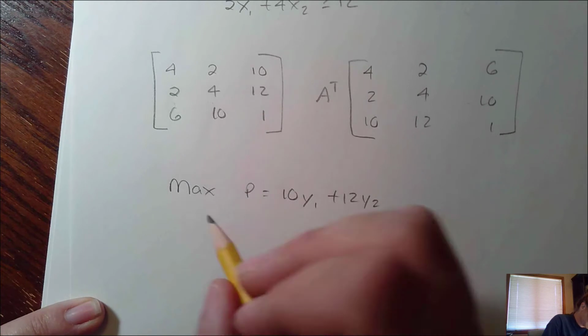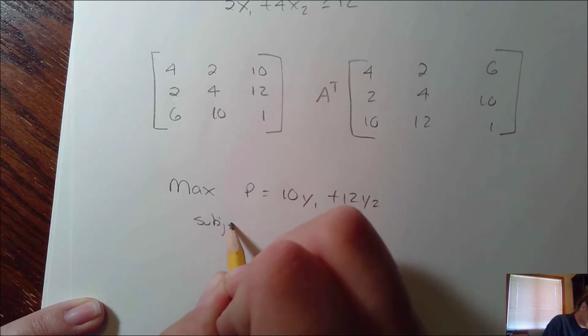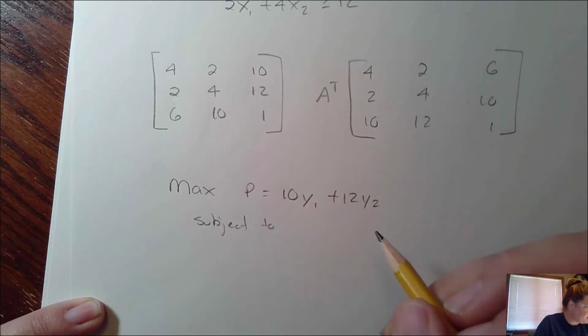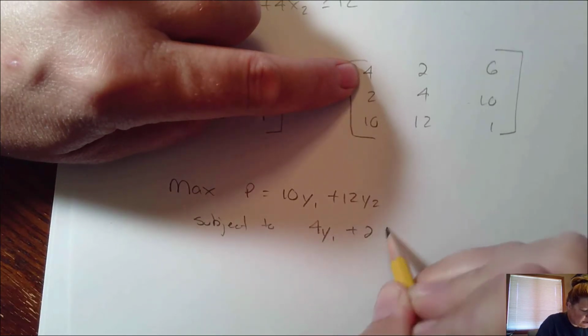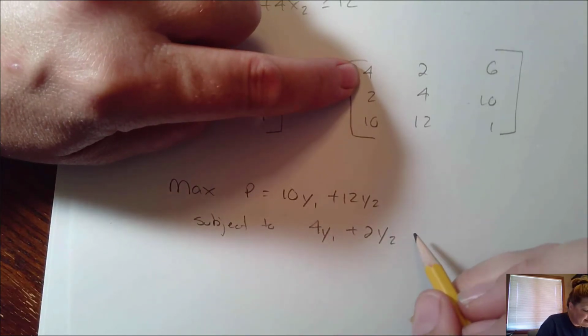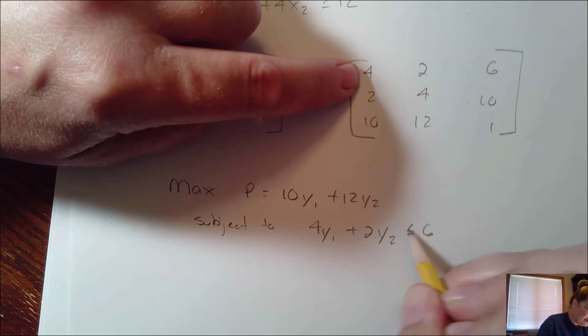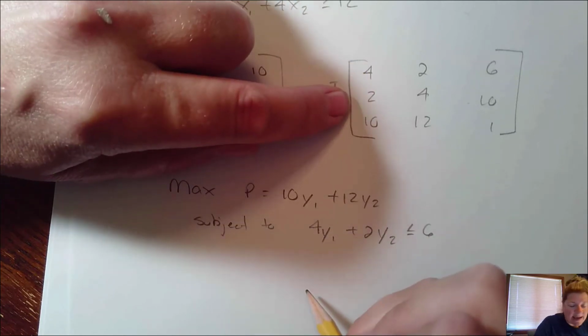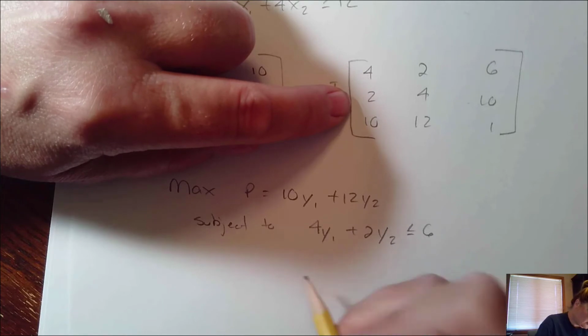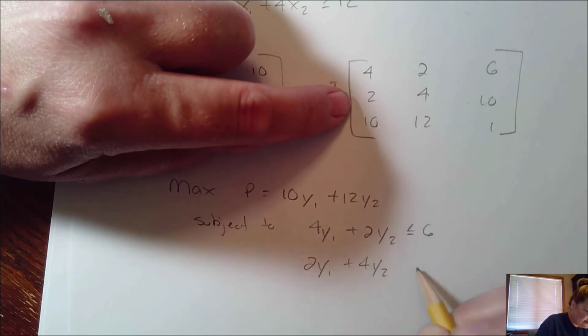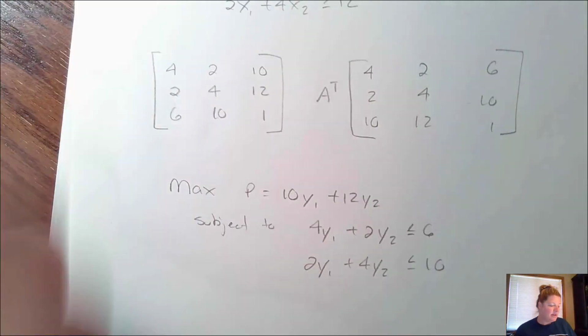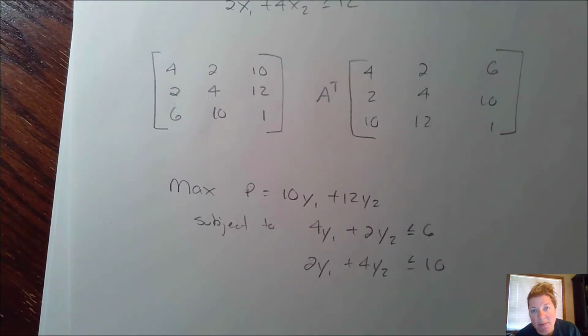And it's subject to these two, which will be 4y1 plus 2y2 is now less than or equal to 6, because it's going to be max. Max is less. And then 2y1 plus 4y2 is now less than or equal to 10. All right, this is our problem that we now have to use simplex to solve.